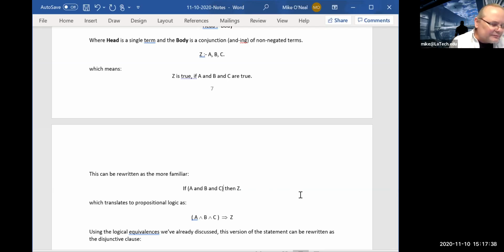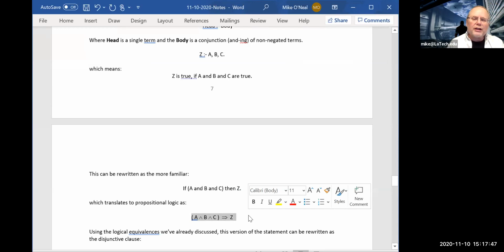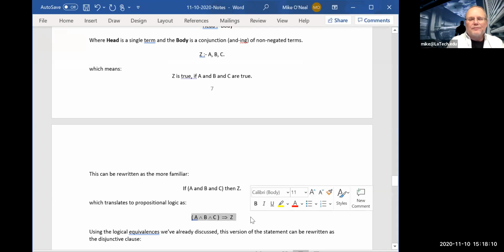So we could put this back into the form of a more normal looking implication statement as A and B and C as a quantity implies Z. So when we say Z if A and B and C, we're really saying if A and B and C, then Z.